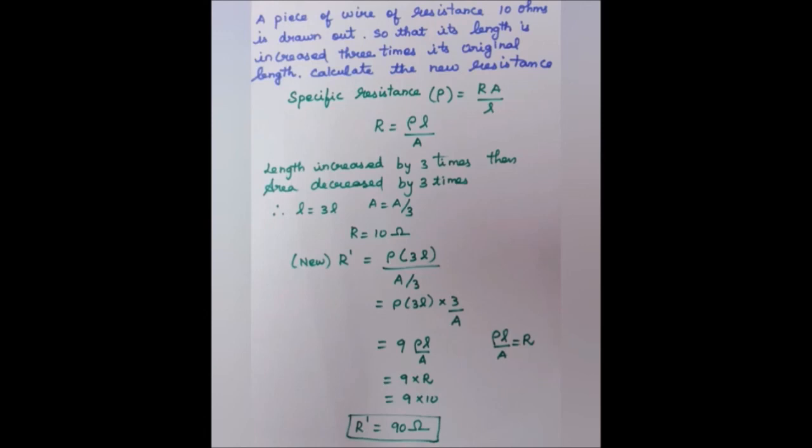That should be equal to rho into L value. What is L here? 3L. Rho into 3L by, what is A here? A by 3.